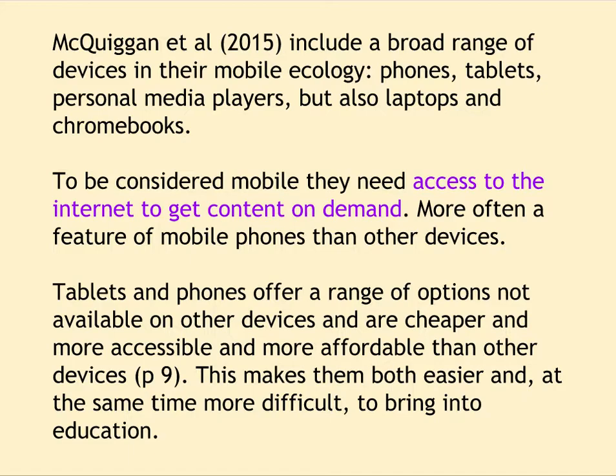Of course, as McQuiggan again says, it's much easier to use devices if they're available. But if they're not available, you're not allowed to use your own device in the school, which is what the earlier infogram is about, then there might be ways of doing that provide you with some kind of access.